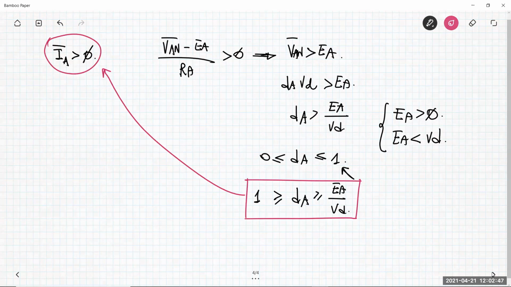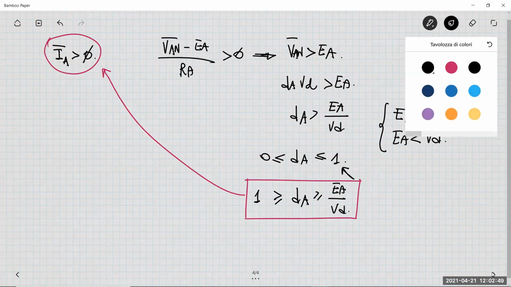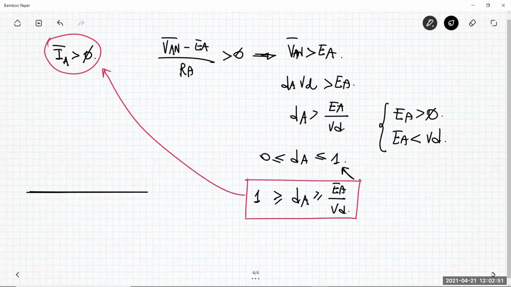So let me show graphically the duty cycle that ranges from 0 to 1. This is the duty cycle. The value EA over VD is, supposing, here.